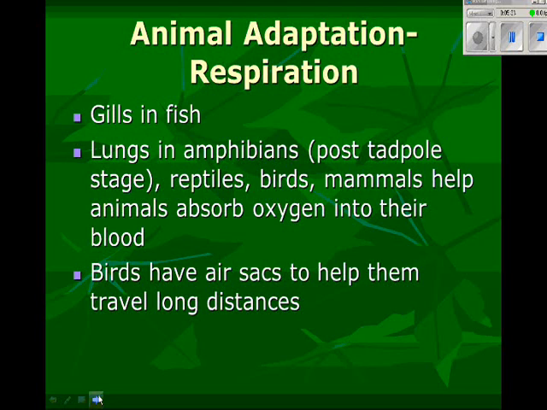Animal adaptation and respiration: gills in fish, and the lungs in amphibians, which is the post-tadpole stage, reptiles, birds, and mammals help animals absorb oxygen into their blood, and birds have air sacs to help them travel long distances.